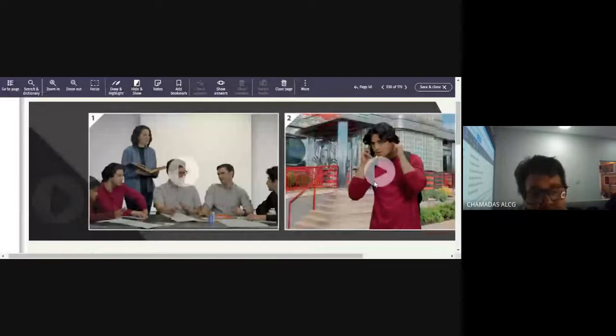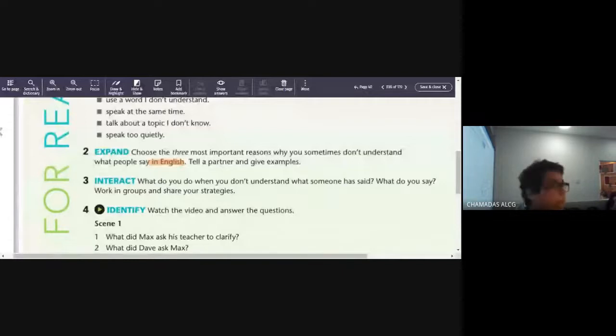So choose the three most important reasons why you sometimes don't understand what people say in English. Now, more specifically, why is it difficult sometimes to understand what people say in English, guys? To me, it is confusing when they speak at the same time, or talk about something I don't know. All right.